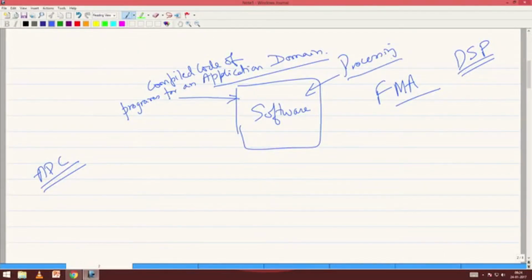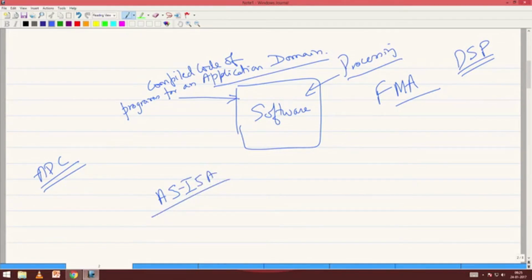So what this particular software does is process these instructions, find certain patterns and come out with a new instruction set, which is called ASISA, application specific instruction set architecture.